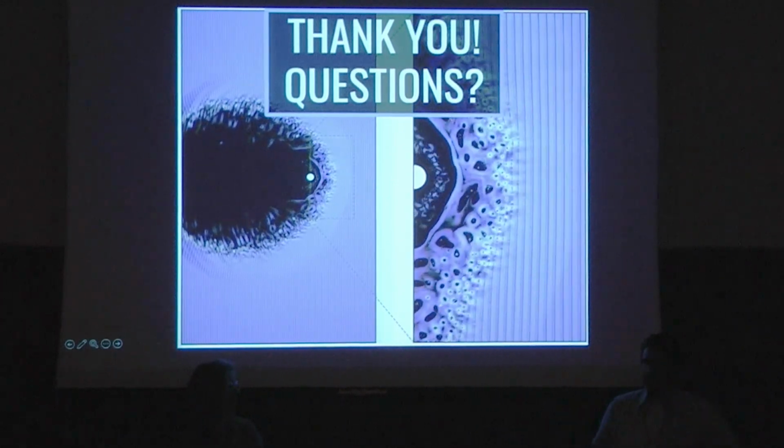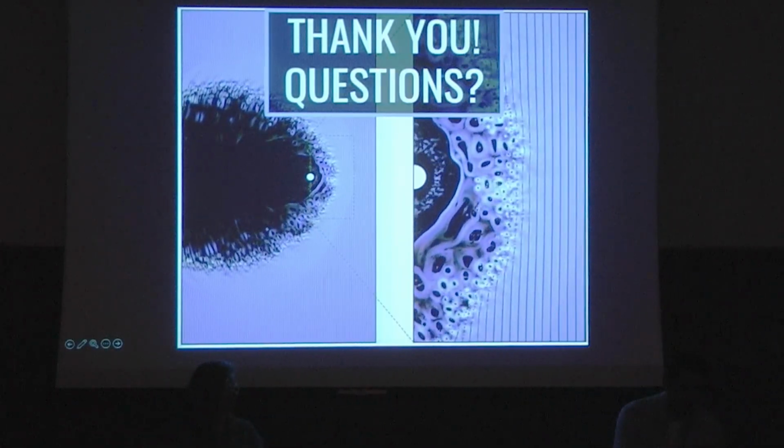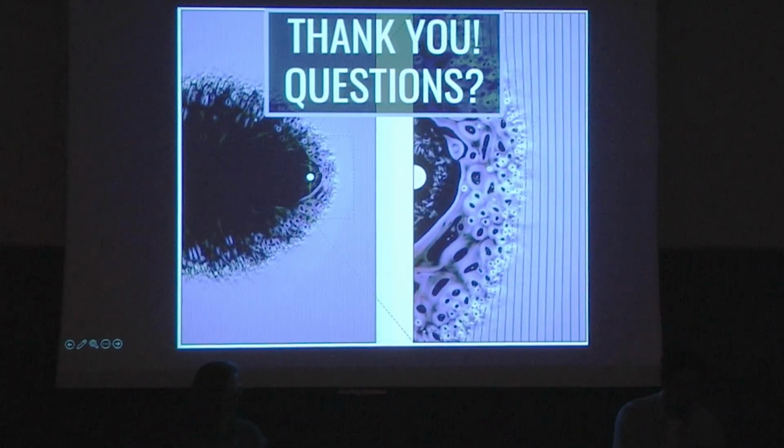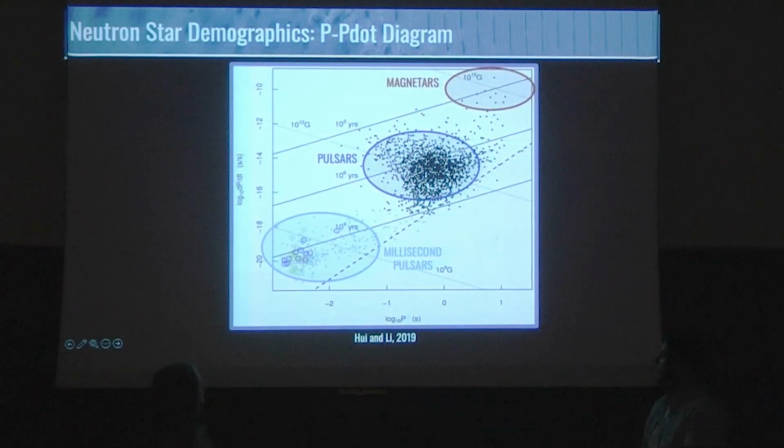Millisecond pulsars. Actually, let me go back because it's nice to show this in the P-Pdot diagram that we were talking about earlier. So I mentioned that regular pulsars are born up here with a certain spin period. As they evolve over time, their spin period increases, so that means that they slow down.